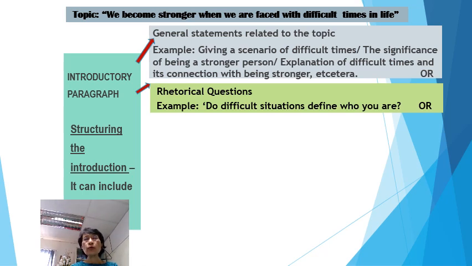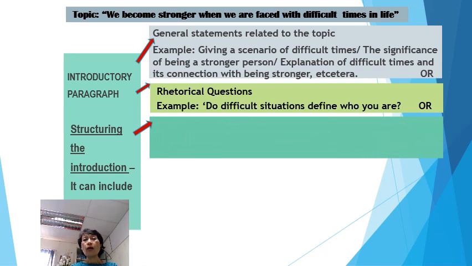It's good if you only have 2 questions posed in the lead in, in the introductory paragraph. Don't overdo it. Don't have so many questions. So what is an example of a rhetorical question? Do difficult situations define who you are? That's a rhetorical question, and you can have another one. But don't have up to 4 or 5 rhetorical questions. 2 would be ideal.